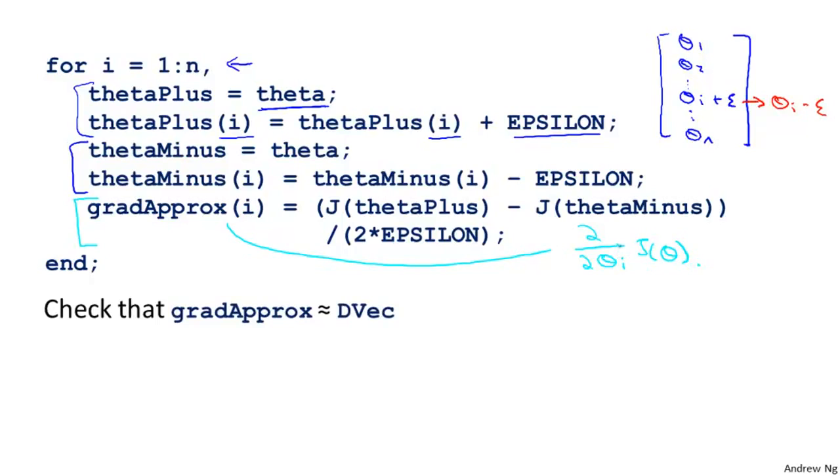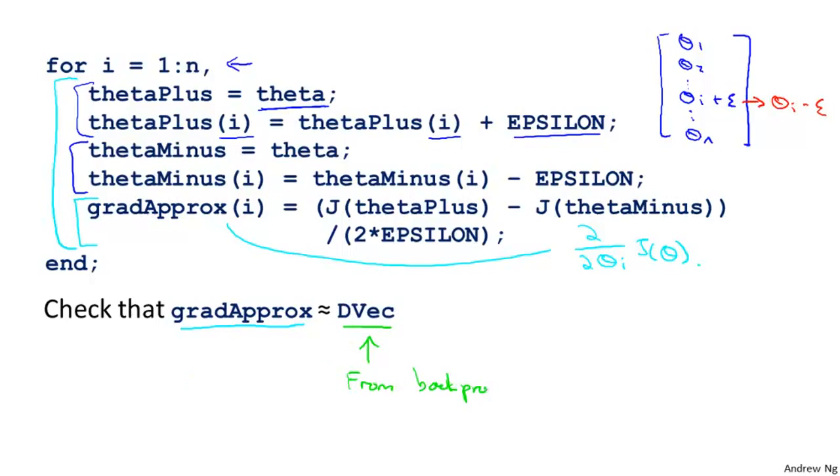And the way we use this in our neural network implementation is we would implement this for loop to compute the partial derivative of the cost function with respect to every parameter in our network. And we can then take the gradient that we got from backprop. So DVec was the derivatives we got from backprop.